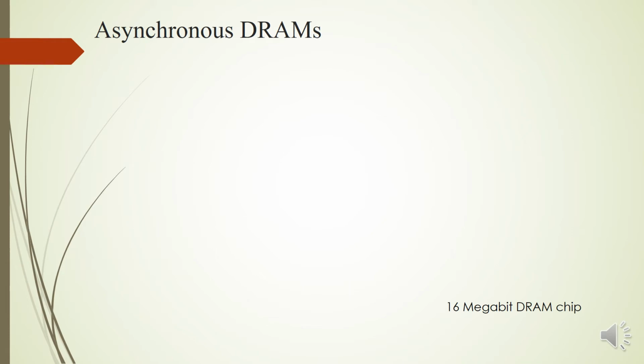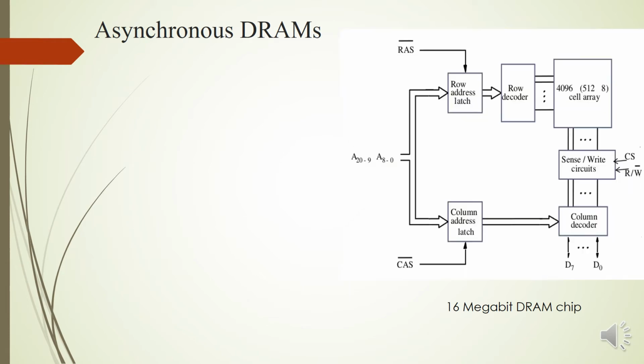Continuing with the asynchronous DRAMs, this diagram gives you a 16 megabit DRAM chip, which has the capacity to store 4096 x 512 x 8 bits of data, and the complete cell array is arranged in the form of an array.